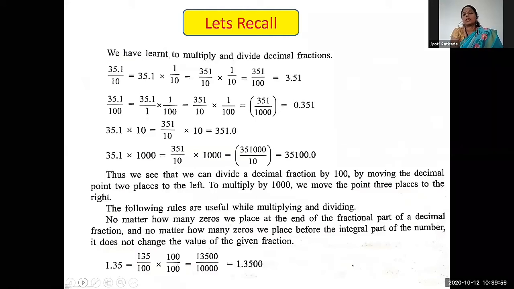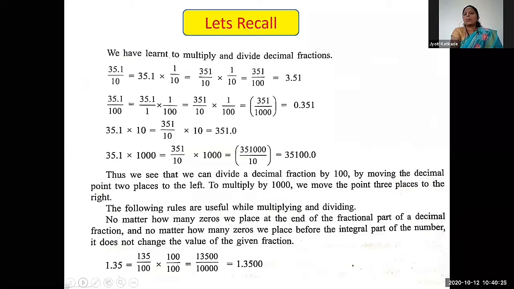Means we get 0.351. Now when we multiply a decimal fraction by 10, that is 35.1 into 10, the decimal point moves to the right by one place. Means we get 351.0.